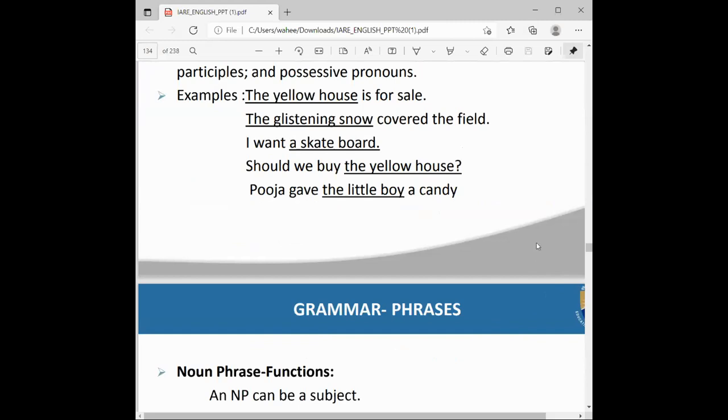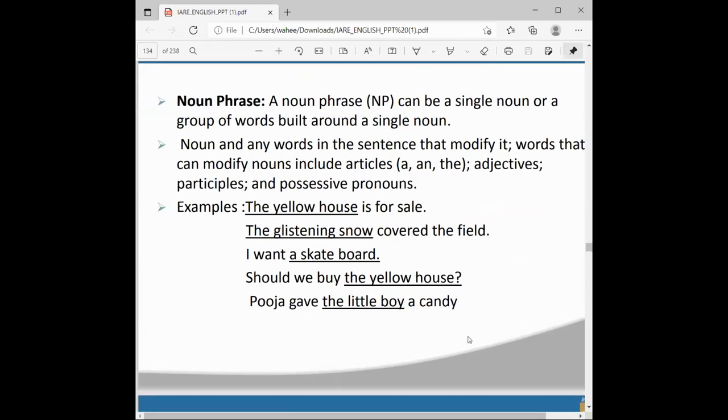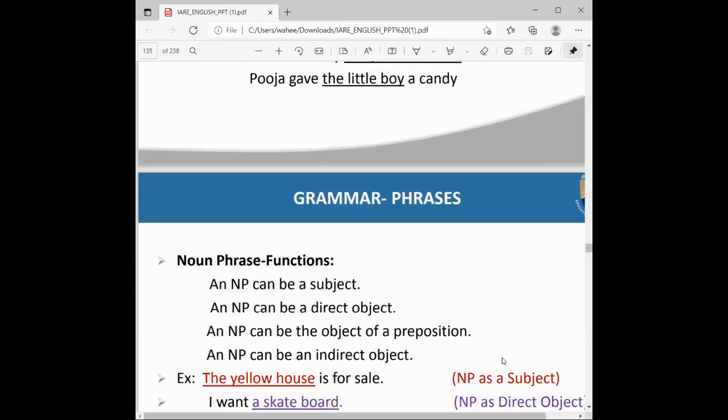I want a skateboard. A skateboard in itself is not complete. Should we buy the yellow house? A question mark. Pooja gave the little boy a candy. Statement.